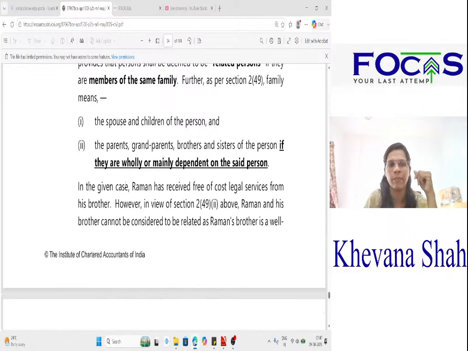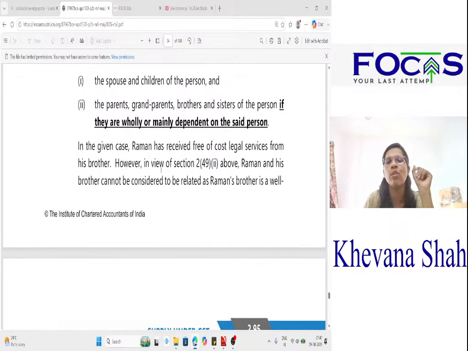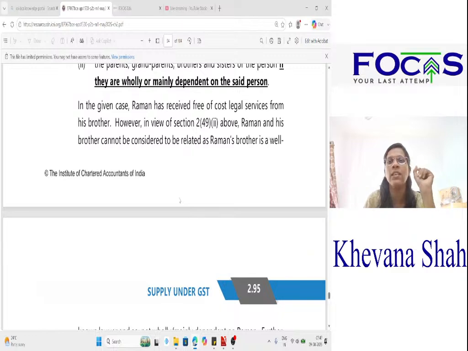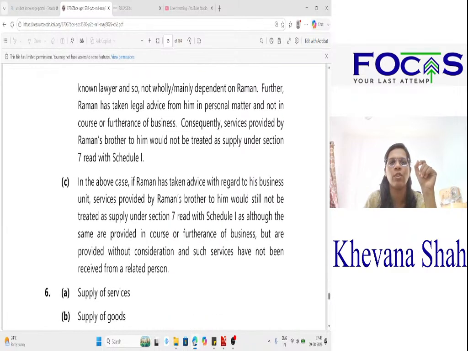Okay. See, in the given case, Raman has received free of cost legal services from his brother. However, in view of section 249(2) above, Raman and his brother cannot be considered to be related as Raman's brother is a well-known lawyer and so not wholly or mainly dependent on Raman. Okay. So his brother is a lawyer who is not dependent on Raman.